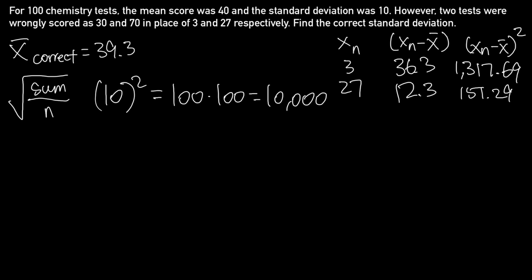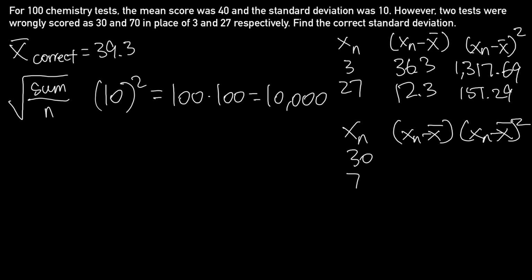Now we've got to take the incorrect ones out, so we have to make another table to find what the difference between the mean and the term squared is for the incorrect scores. So we'll make another table like this, but do it for 30 and 70.